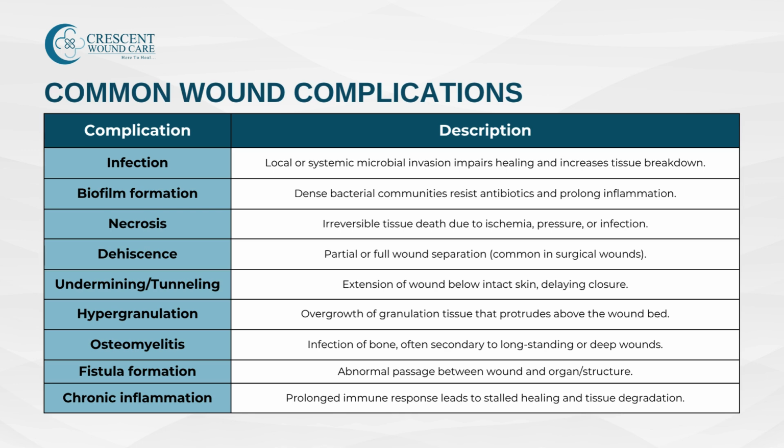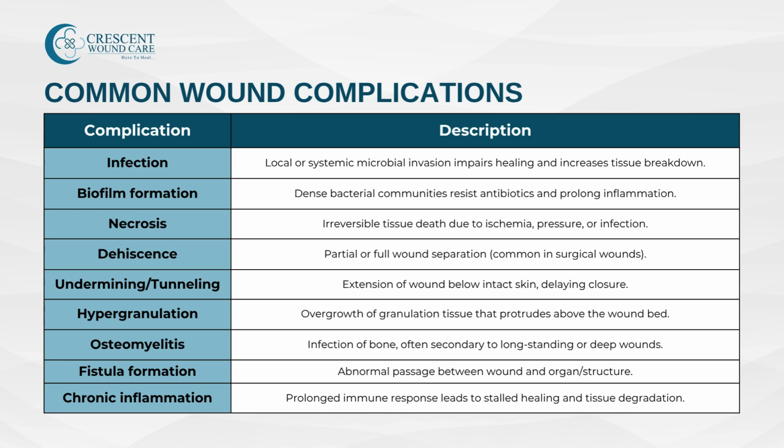Dehiscence, especially in surgical wounds, where the skin or fascial layers pull apart, often due to poor suturing, infection, or pressure. Undermining or tunneling, wounds that look small on the surface but extend deep underneath, harboring bacteria and fluid. Hypergranulation, when granulation tissue grows above the wound bed, preventing epithelialization.